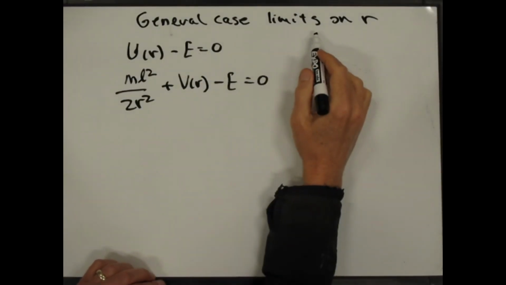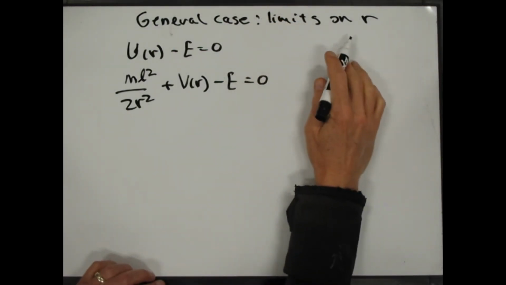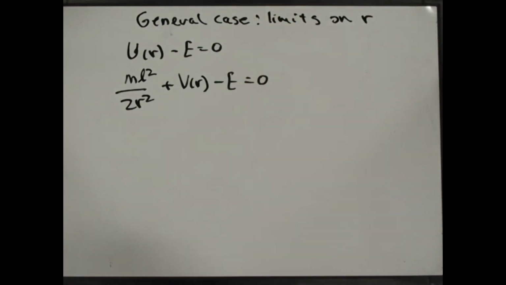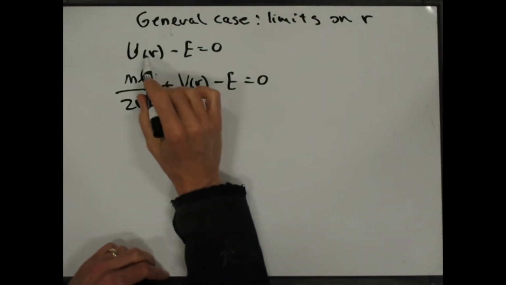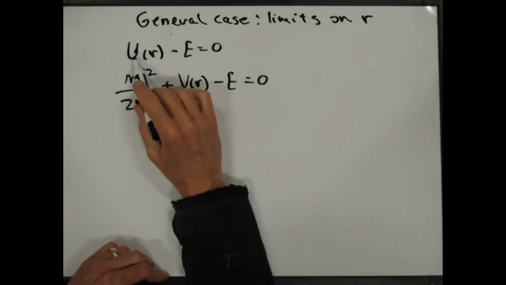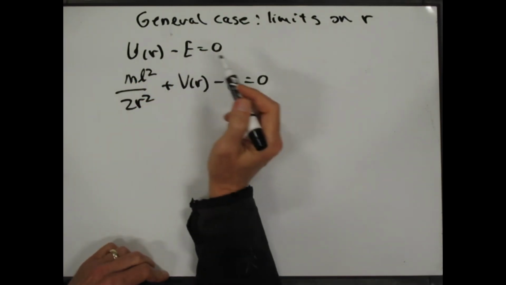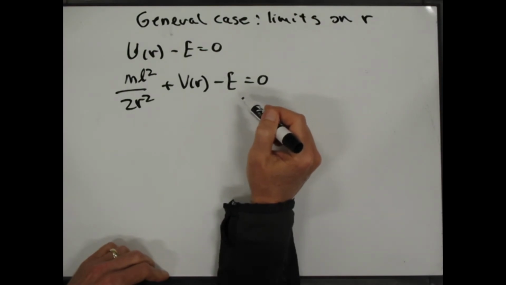So in the general case, we can determine the limits on r in an orbit, once again, by just setting the radial kinetic energy equal to 0, so the effective potential minus the energy is equal to 0. We can write it this way.